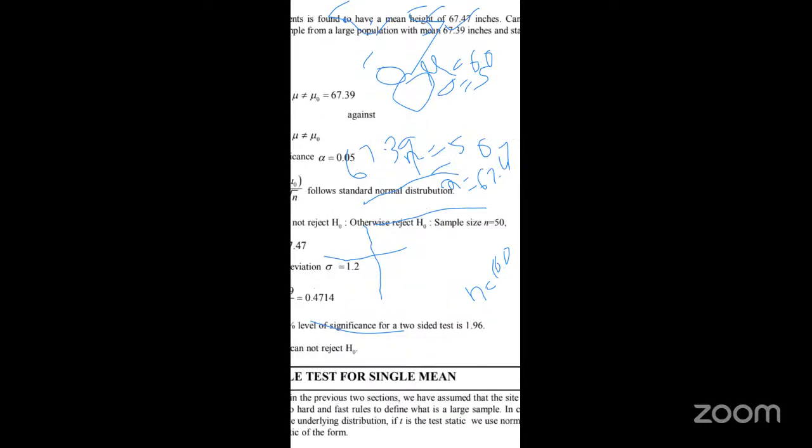The 5% level of significance value is 1.96. The calculated value is less than the tabular value, so we cannot reject H naught, that is, we accept H naught. The population mean weight of 67.39 is confirmed.